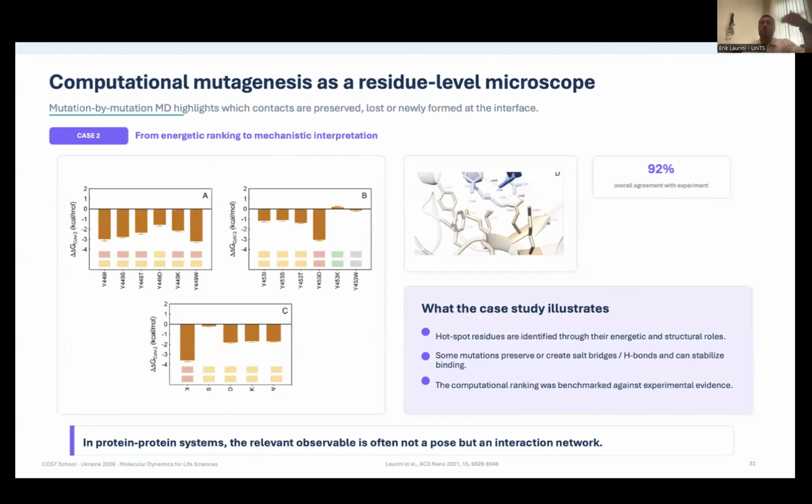And then we went a step further, and we mutated all the most involved amino acids of the spike protein into the other 19 amino acids in order to build a predictive map of the potential risk of each mutation.